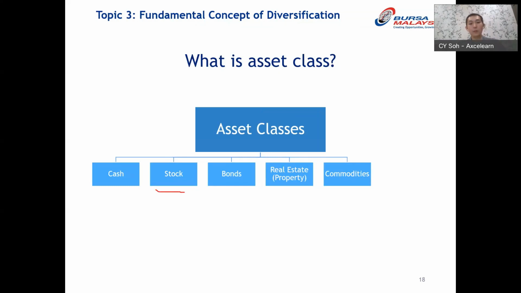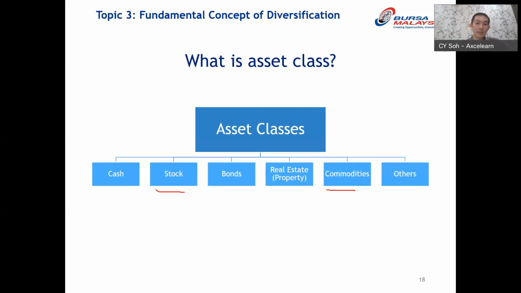But if you invest directly in commodities, let's say FCPO, you are considered as being in the commodity category already. So this is a separate asset class, and you are able to get better diversification benefits.